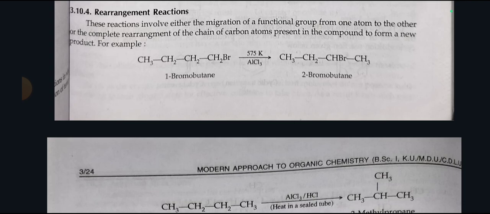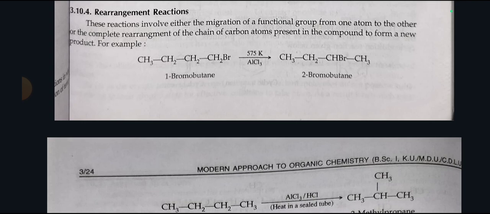3.10.4 Rearrangement reactions. These reactions involve either the migration of a functional group from one atom to the other or the rearrangement of the chain of carbon atoms present in the compound to form a new product.